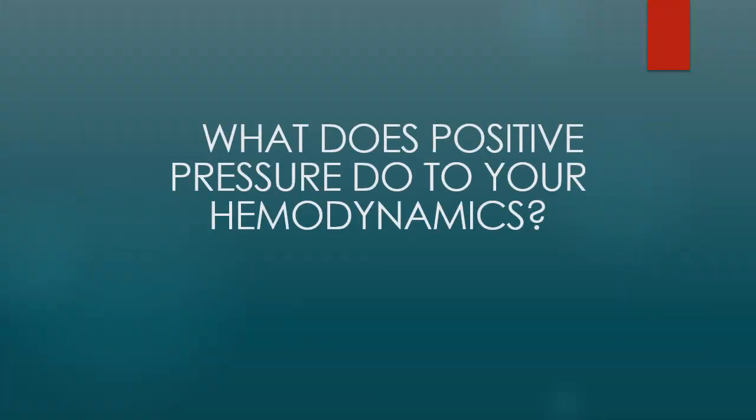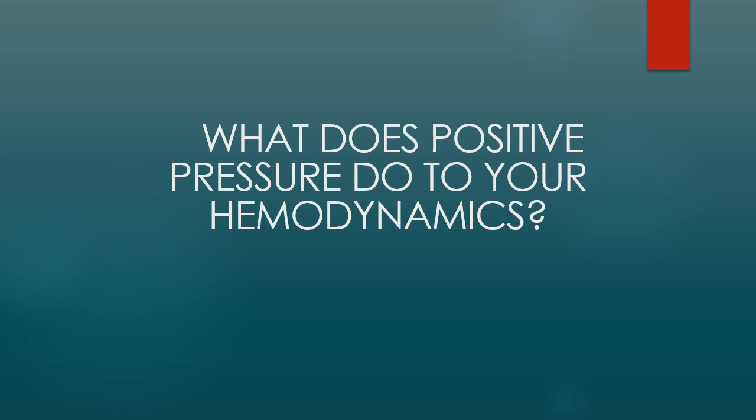I always love to start off with this question because I really want you guys to think about how your treatments are directly impacting the underlying physiology of what's going on with your patient. Providing positive pressure ventilation is going to decrease your preload, which is going to decrease your cardiac output, which means it's going to have a direct response on your hemodynamics. So your blood pressure is more than likely going to lower once you start positive pressure ventilation.